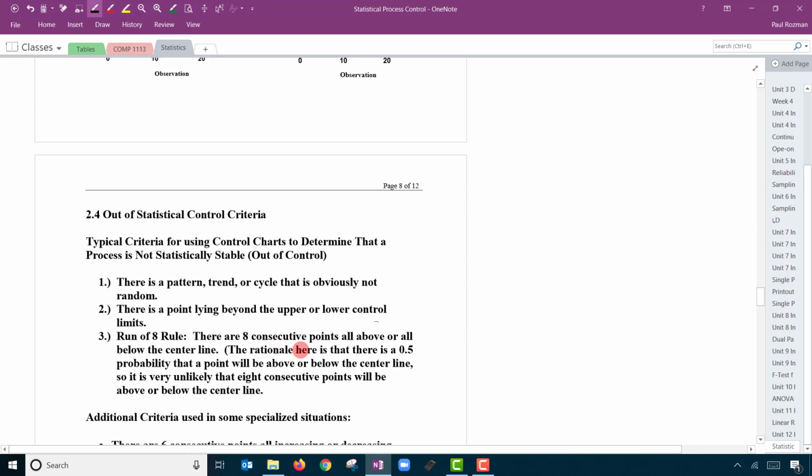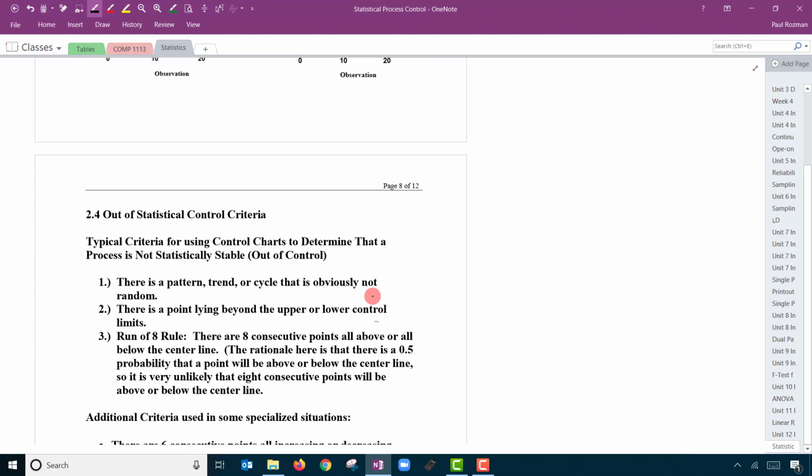So one way to evaluate that is if you have 8 points in a row, all above or below that center line, that's likely a problem. You're probably violating randomness, because we're expecting the values to basically alternate above and below.